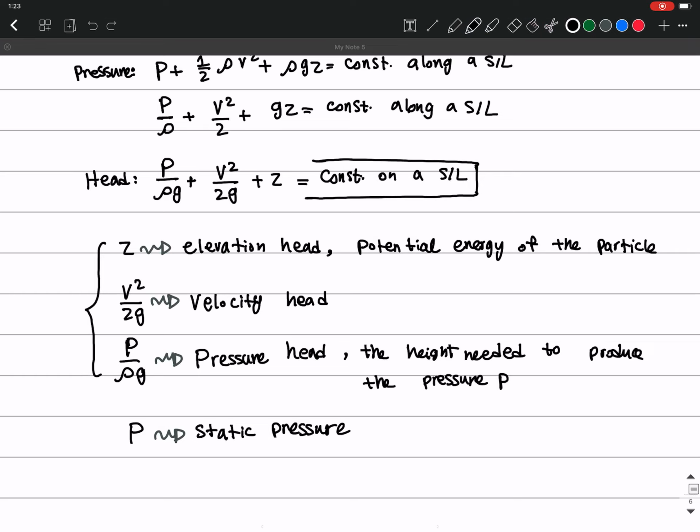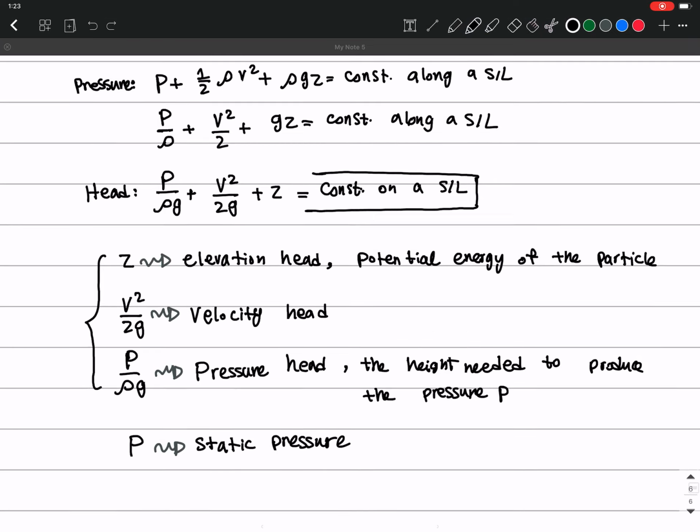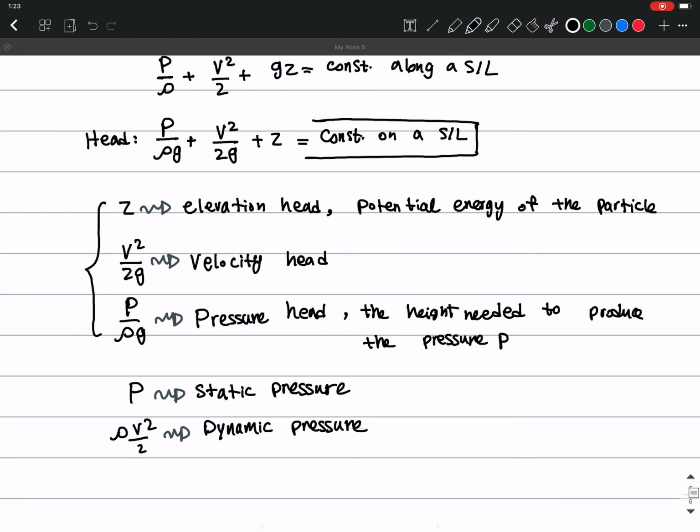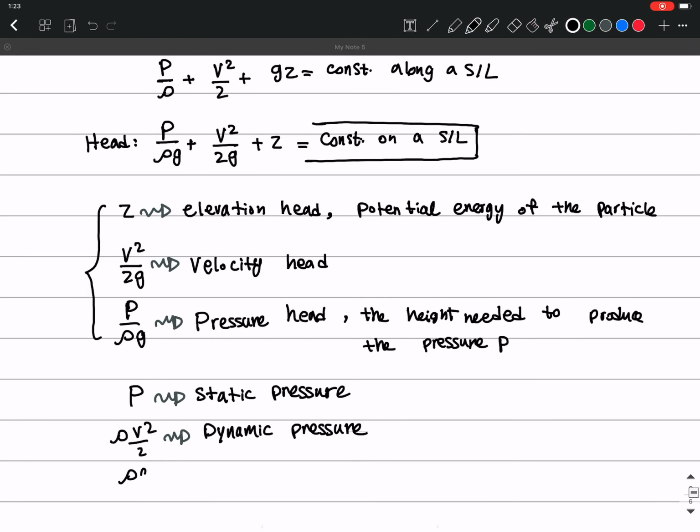So the first term we call static pressure. The second term, rho v squared over 2, we call dynamic pressure. And the third term, rho g z, we call hydrostatic pressure. This was the pressure that we mostly worked with in the last chapter, right?